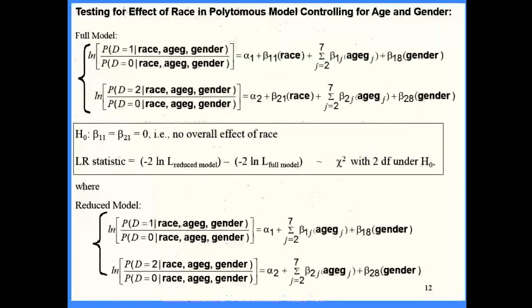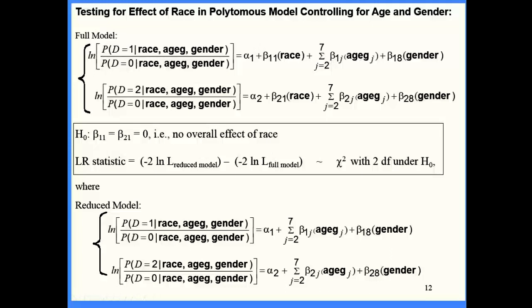Now, let me show you another thing. If you're doing the model where you actually have the control variables in the model, the full model has the control variables and the race variable in the model. The reduced model doesn't have the race variable in the model, but it has the control variables in the model. That's the difference between the 2 models. The null hypothesis still has to do with the betas, because that's what you're testing, whether the race variable is significant.